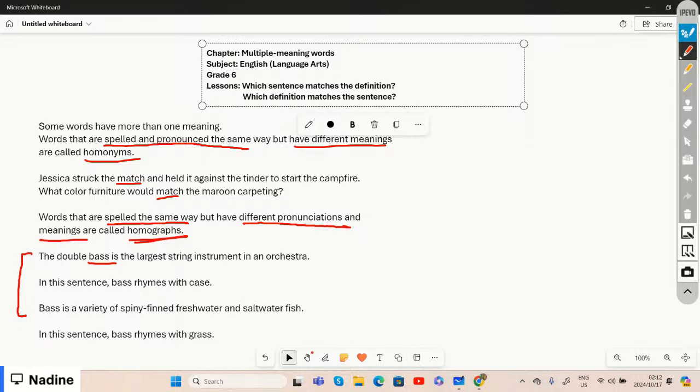If you hear the pronunciation, it says base, and that word rhymes with case. Then we have another word, bass, a variety of spiny finned freshwater and saltwater fish. That word bass is pronounced like grass. As you can see, both words are spelled the same way, but the pronunciation and the meaning are different. We call that homographs.